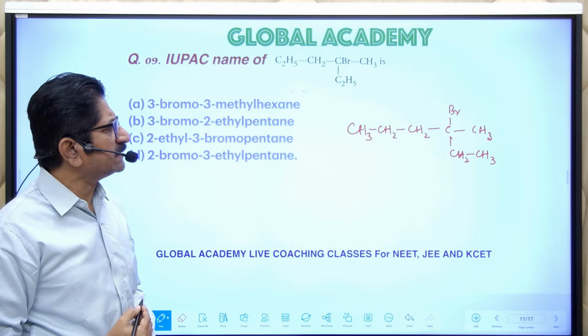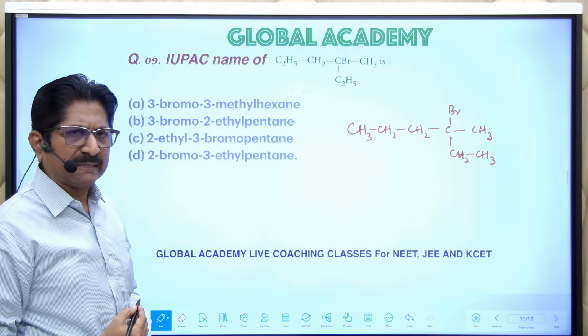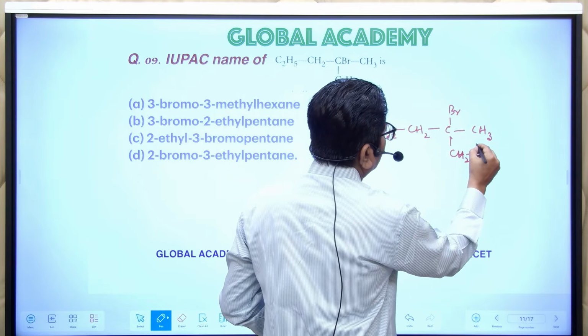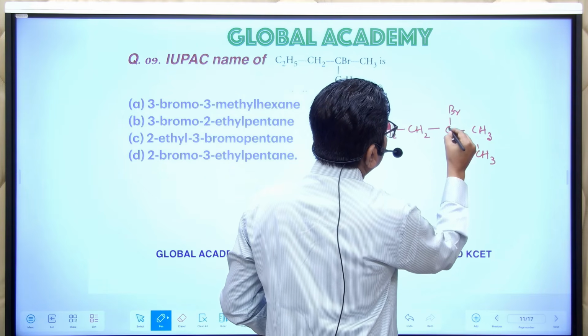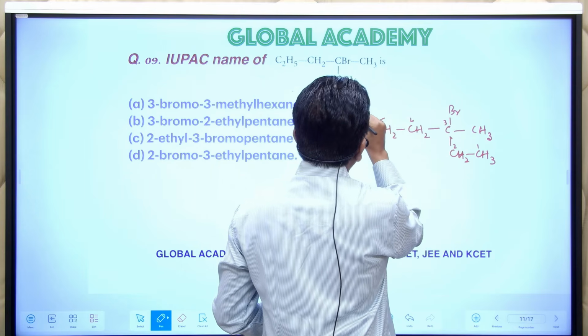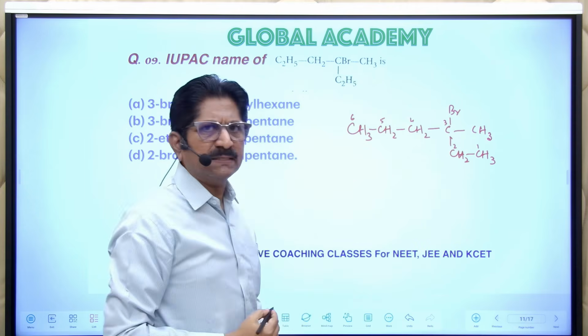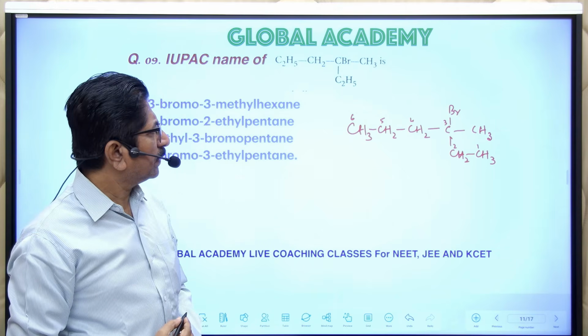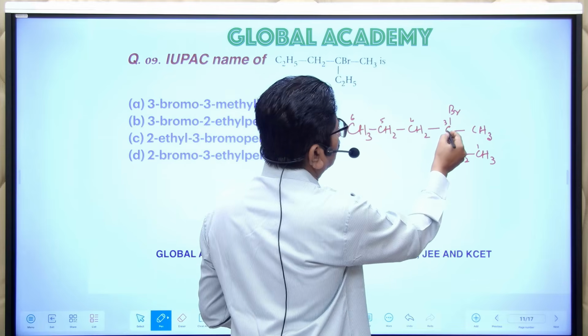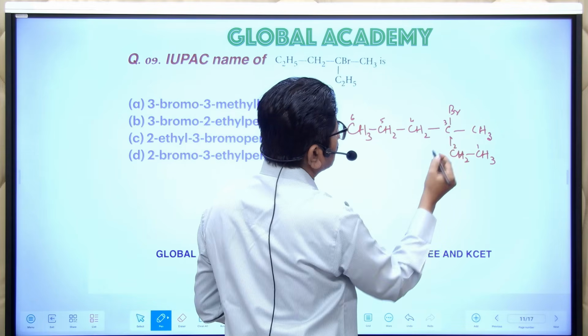Now important is that we have to number it. The number is very important. So we have to start the numbering from this: 1, this is 2, this is 3, this is 4, this is 5, and this is 6. This is the important one. Now at third you have a bromo as well as the methyl group.